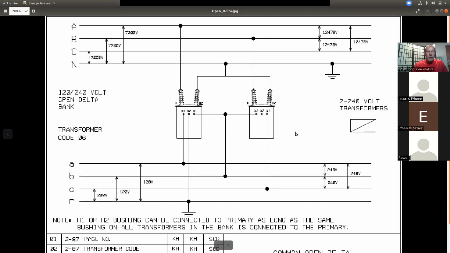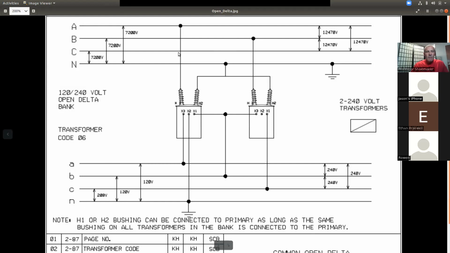We're going to give you a template that has these four lines on top, A, B, C, N, and the four lines on the bottom, A, B, C, N. And then we're going to ask you to draw an open delta bank. And essentially you do everything that's not included with these four lines. You draw in your voltages. We give you those voltage numbers.